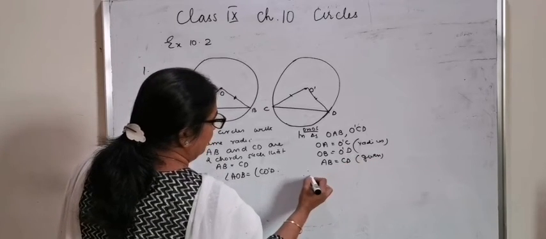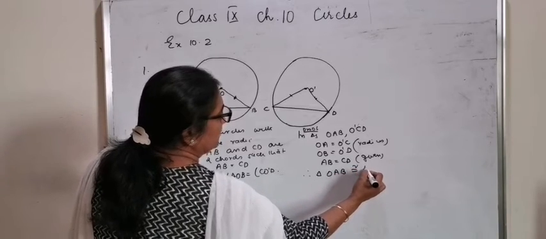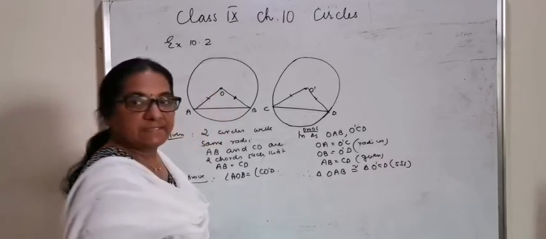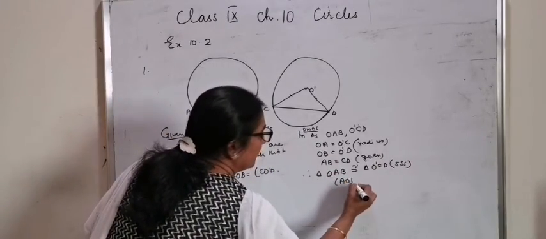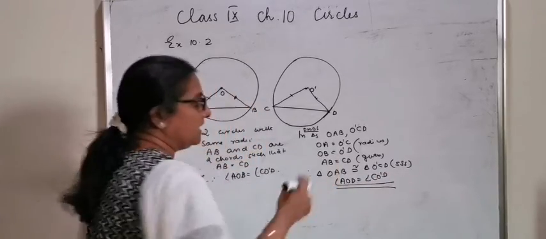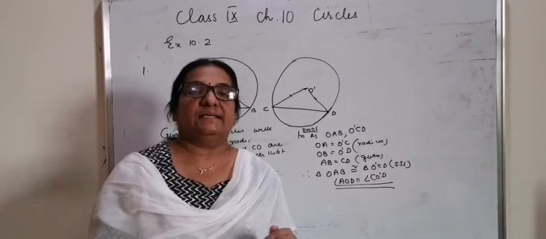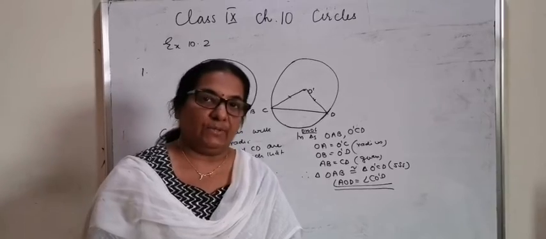Therefore, triangle OAB is congruent to triangle O'CD by SSS, so angle AOB is equal to angle CO'D. That is, if two circles are congruent and you have two equal chords in it, the angles subtended by the chords at the center are also equal.